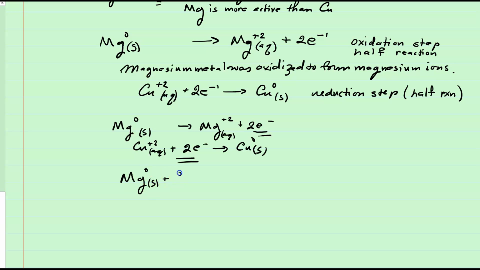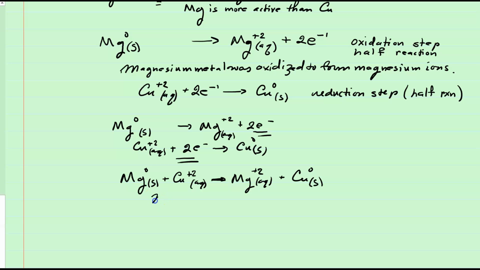metal plus copper ions, result in the formation of magnesium ions plus copper metal. So the reaction is often expressed as magnesium has reduced the copper 2 to copper 0.